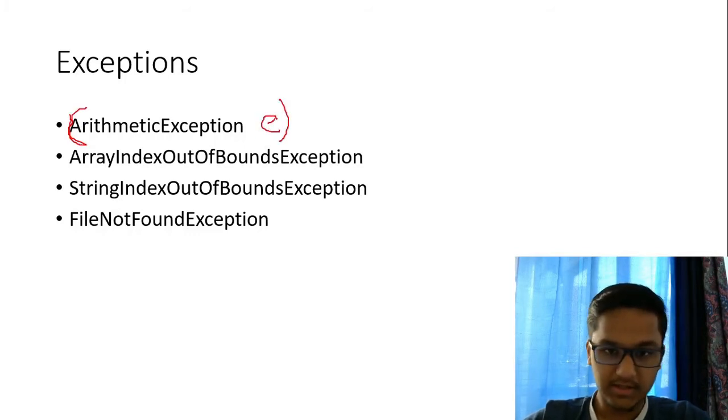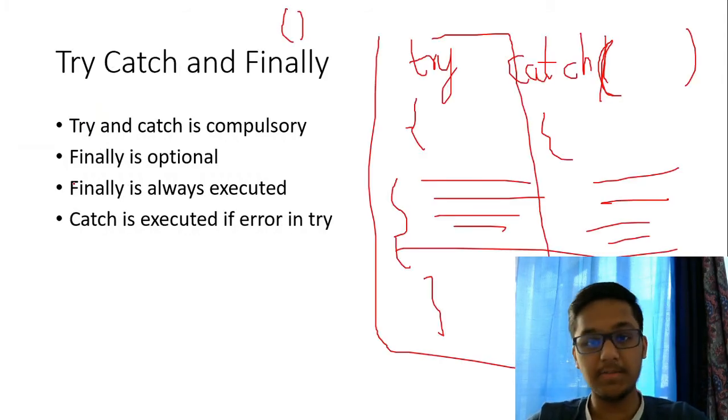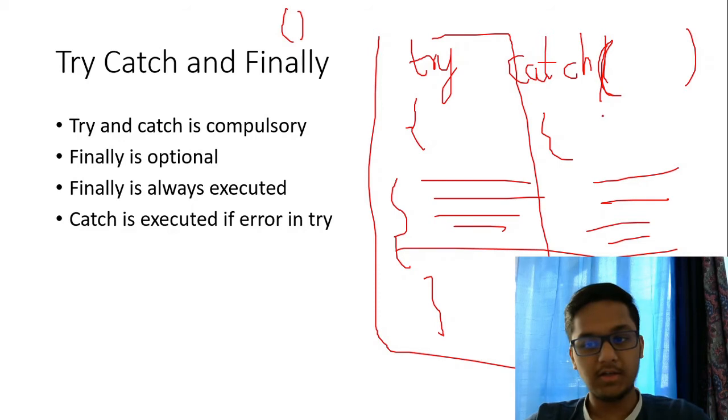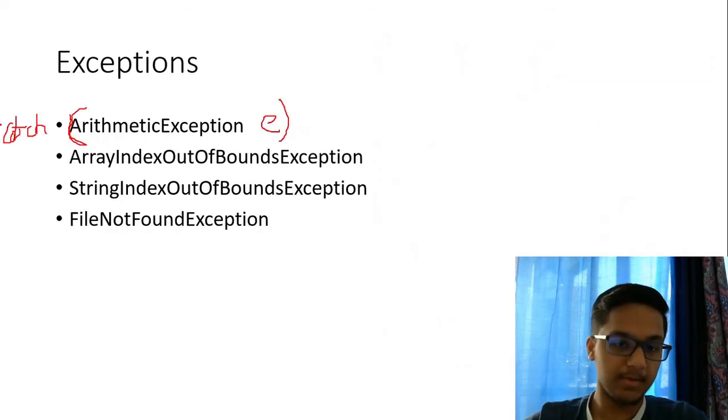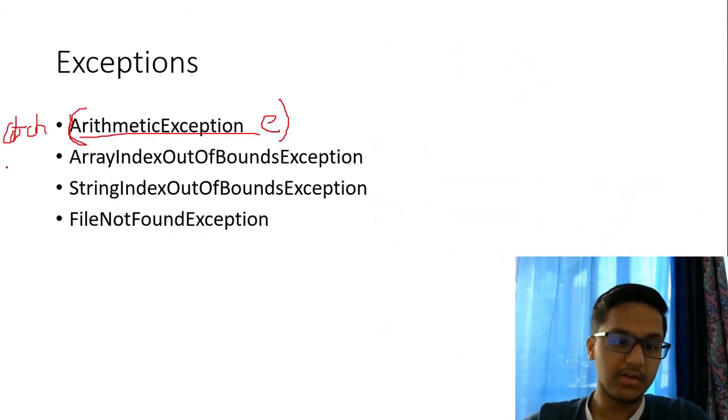Now, this is technically not a variable, this is an object, which will be used inside the catch block. So if a runtime error is encountered inside a try block, the control will get transferred to the catch block which has the parameter of an arithmetic exception, if an arithmetic exception is encountered. You can have another catch block for an index out of bounds exception.